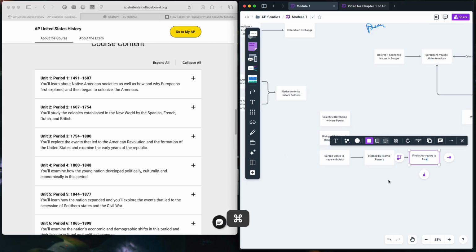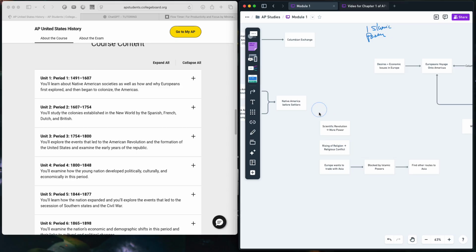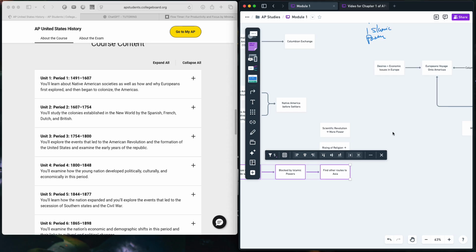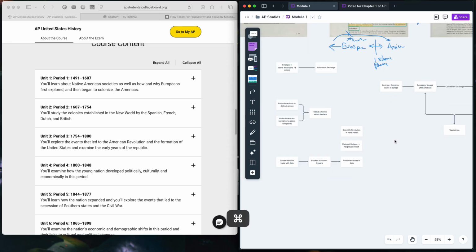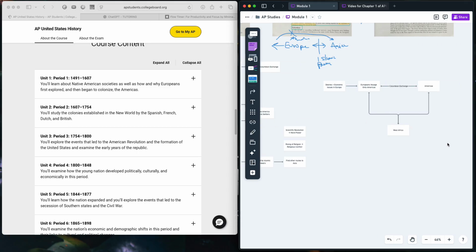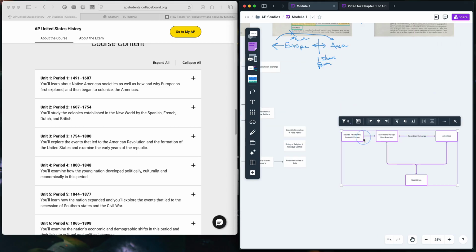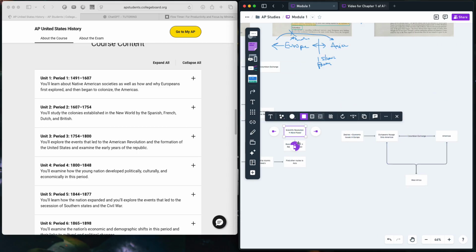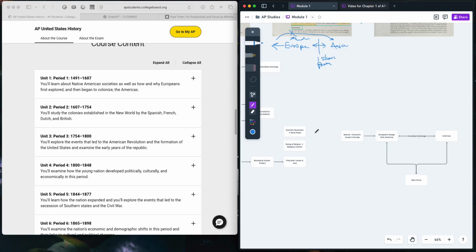So these three things are what led Europe. These are the three things that led Europe to voyage onto the Americas. So we can probably see where this leads us in our big picture. These three are going to flow into this idea of desires and issues in Europe led to the voyage of Americas.